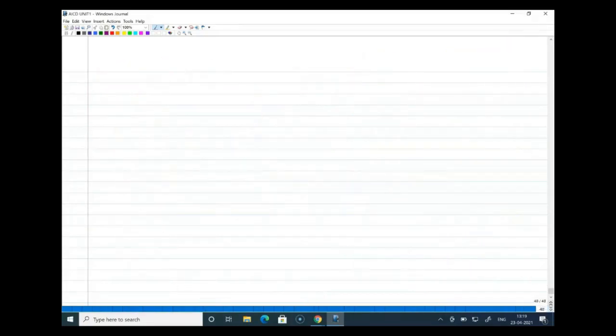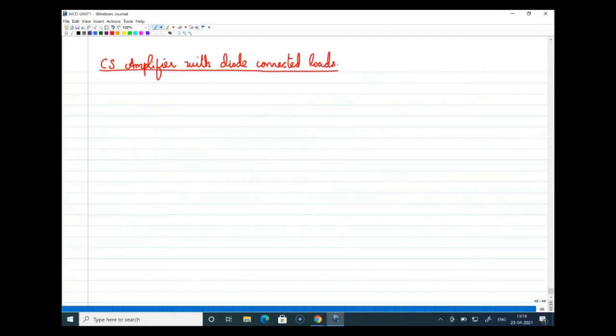So what I'll do here is I'll just draw the variants of CS amplifier. So CS amplifier with diode connected loads. This is what we have seen yesterday.